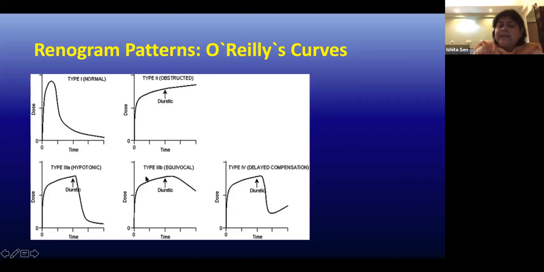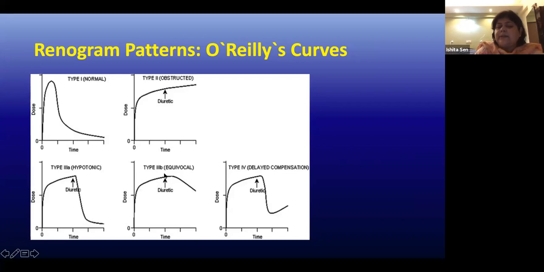Type 3B is an equivocal. So this happens in partially obstructed systems, or sometimes you will also see it in a post-pyeloplasty system. Sometimes you will see this even in a very dilated pelvic calyceal system, where the slope is downgoing, but the patient does not achieve the less than 30% landmark by the end of the study.